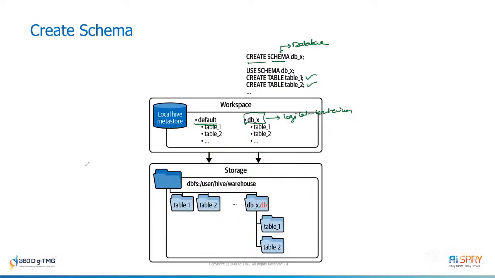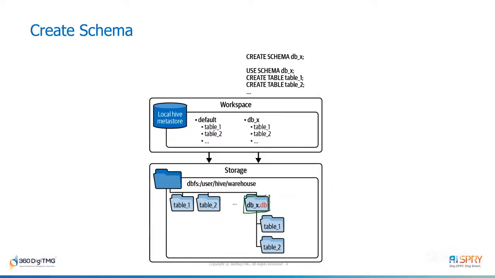Okay. Now, if you look into the storage, what happens? When you create a schema, a separate folder kind of a thing will be created in the underlying storage. We are calling this the file system, right? You can assume this file system as your local file system. In your local file system, how will you separate your data? By placing it in different folders. The same thing, already one default folder is available for you.